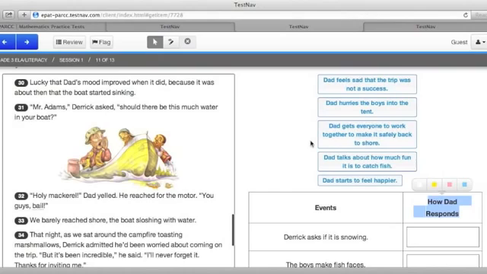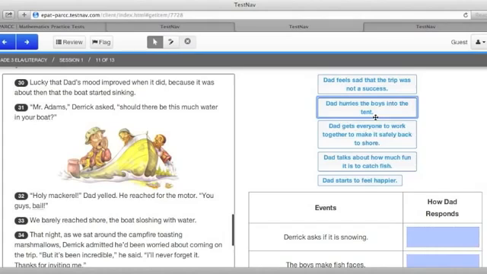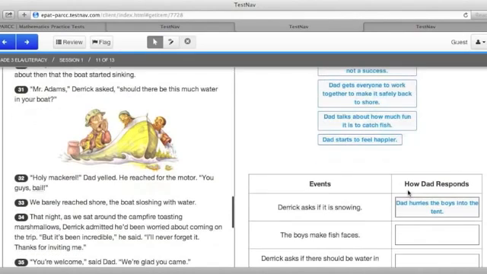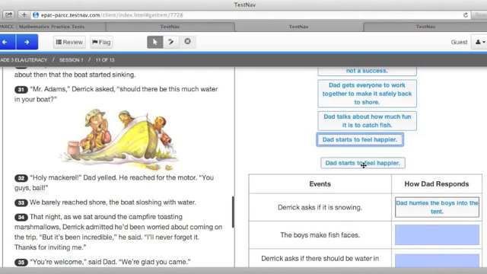From reading the story, I know that the dad hurries the boys into the tent so they won't catch pneumonia. I can click on this box, drag it into here, and I've got that one done. The second one asks how Dad responds when the boys make fish faces. From reading the story, I know that Dad starts to feel happier.